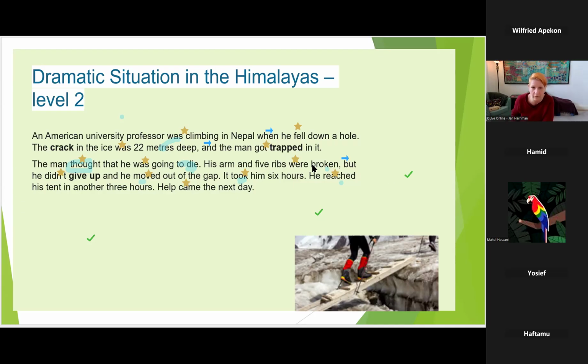His arm and 5 ribs were broken. It's a complete sentence. He didn't give up, right? And he moved out of the gap. There we go. We've got 3 of them strung together. Well done. Okay. So can you see how we've added sentences together in this level?